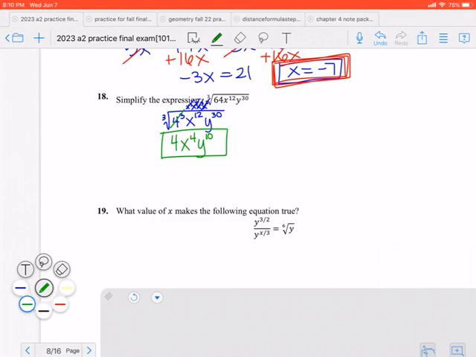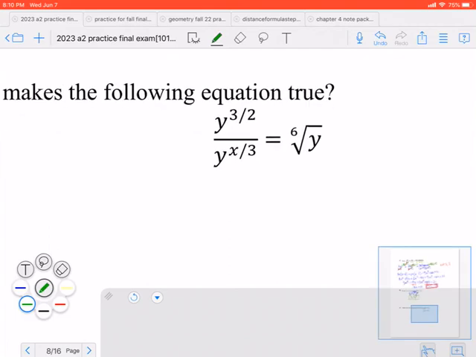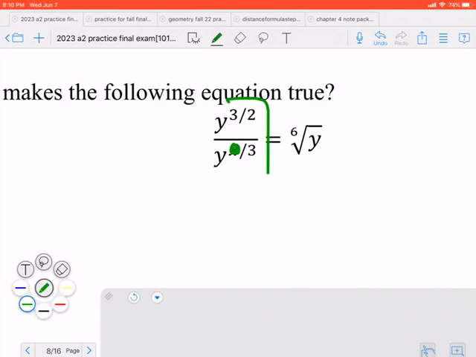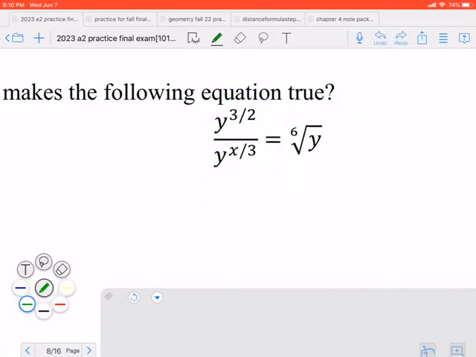What value of x makes the following equation true? Okay, so what does this number have to be here so that this whole thing equals that whole thing? I'm going to simplify, since this is written with fractional exponents, I'm going to write this one as a fractional exponent.